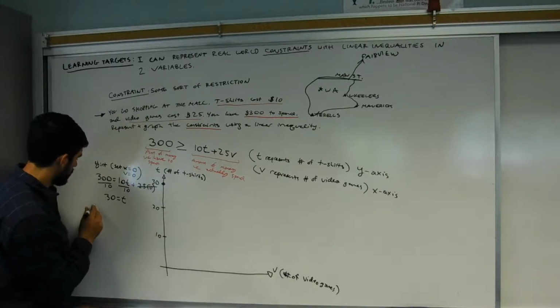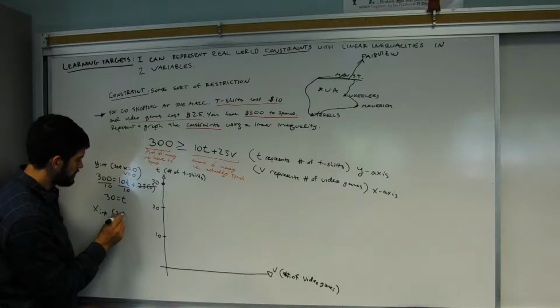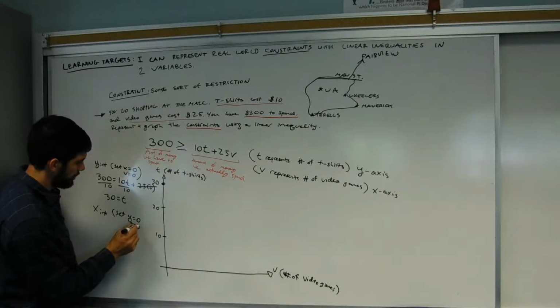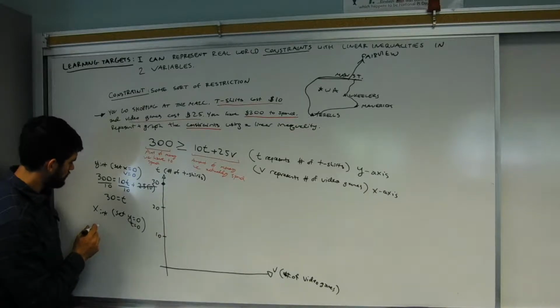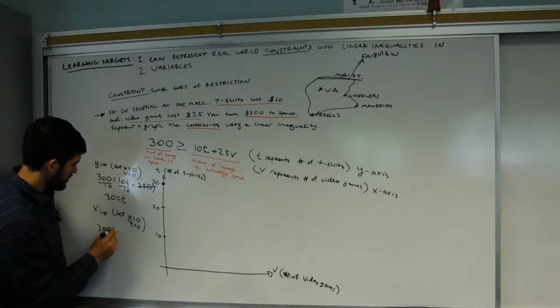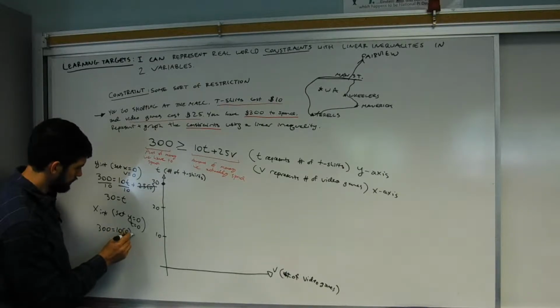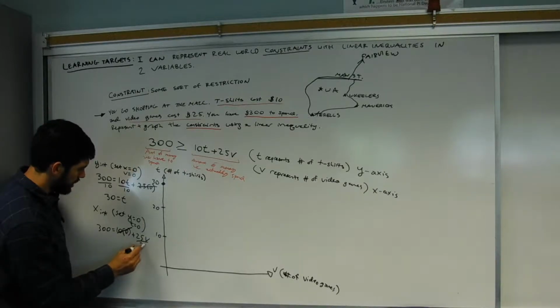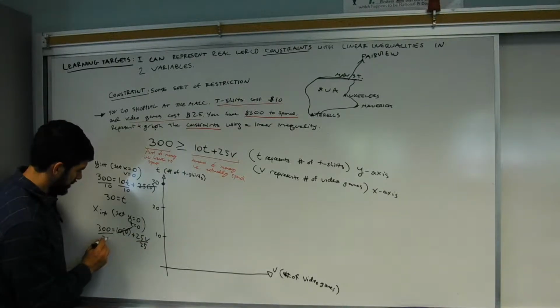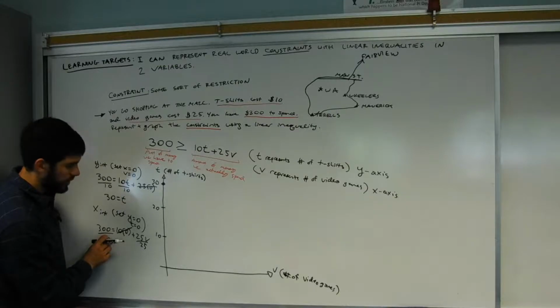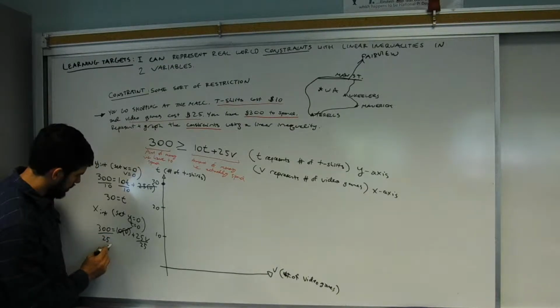Now to find the x-intercept, once again, I would set y equal to 0, or t equals 0, which gives 300 equal to 10 times 0 plus 25v. So we divide each side by 25. 300 divided by 25 is equal to 12.